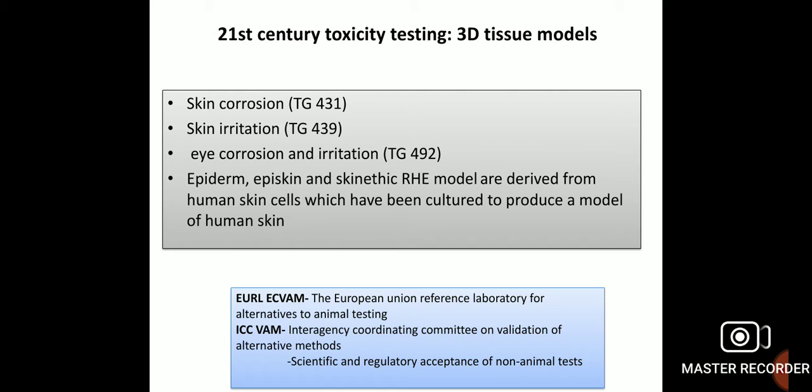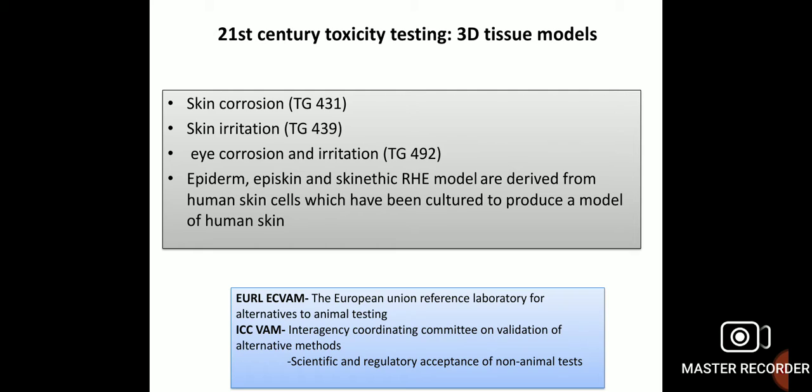We need to culture them for the particular model, which we will see in the upcoming slides. Now we will see in short how these two agencies are concerned with alternatives to animal experiments. One is the European Union Reference Laboratory for Alternatives to Animal Testing, and the second is the Interagency Coordinating Committee on Validation of Alternative Methods.